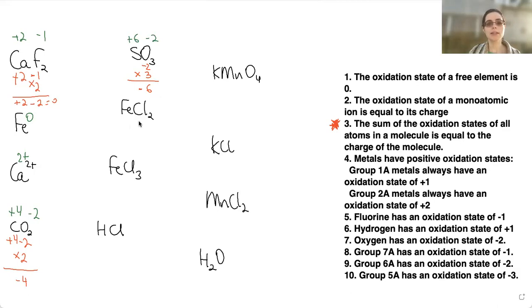So we can assign -1 to chlorine. So we say -1 times 2 is -2. And then we have just 1 iron. So because we need to have a total of 0 by rule number 3, iron has to have an oxidation state of +2.